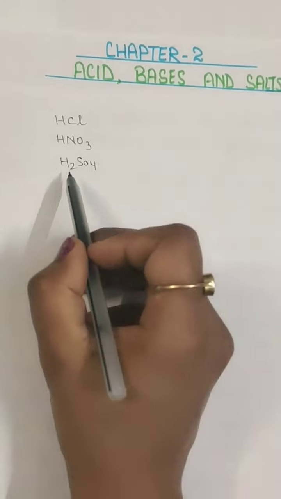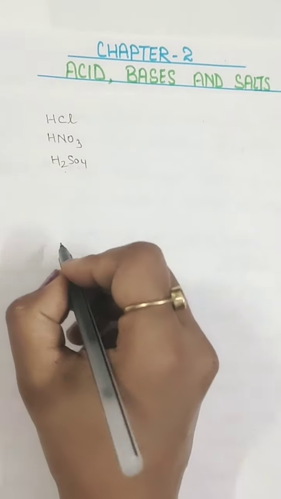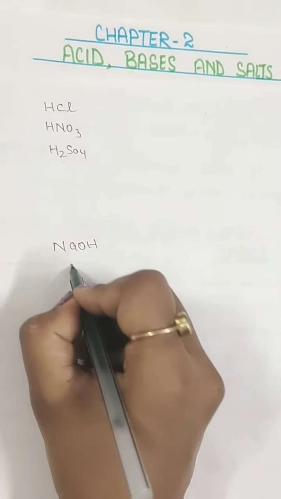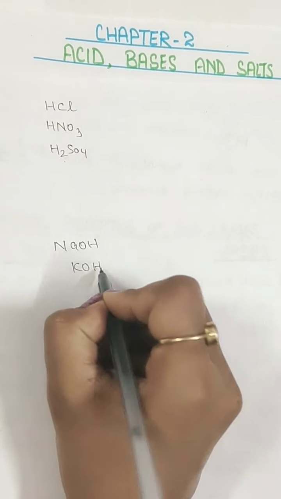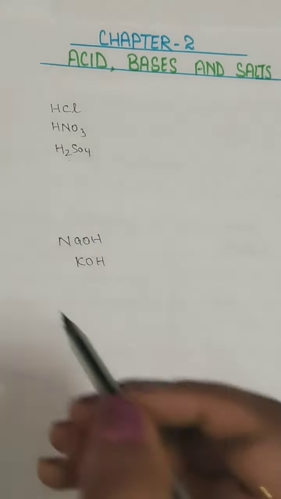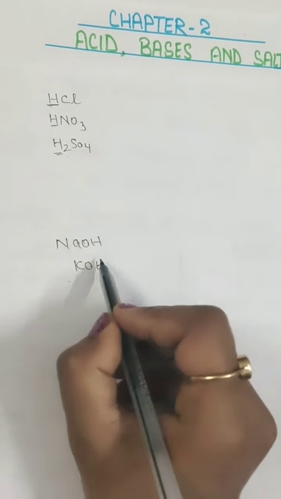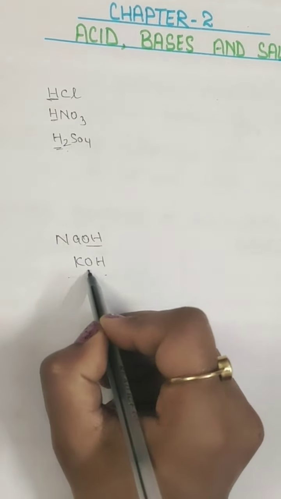So all these are acids, okay? And when we talk about bases, it's NaOH, KOH and so on. So these all are bases. The difference is acids have H ion in them and bases have hydroxide ion in them.